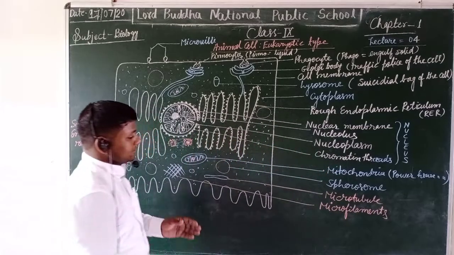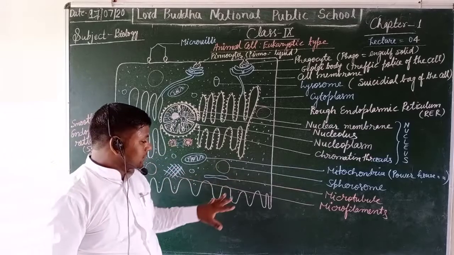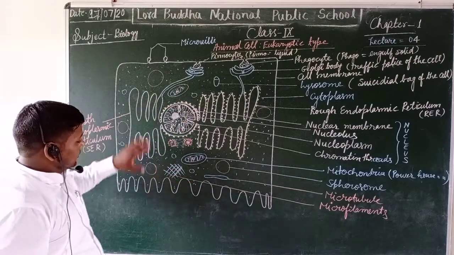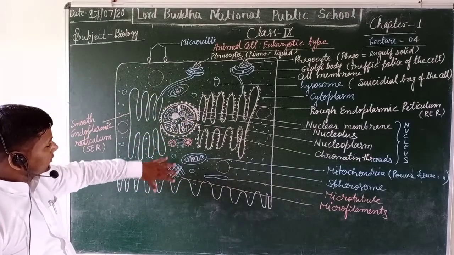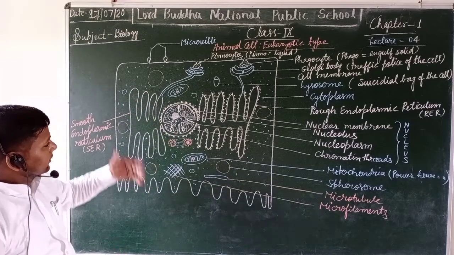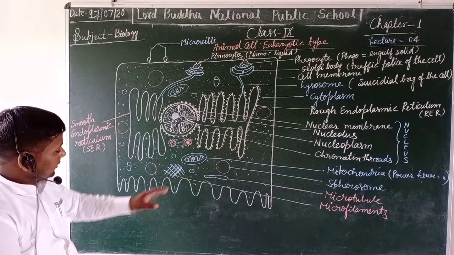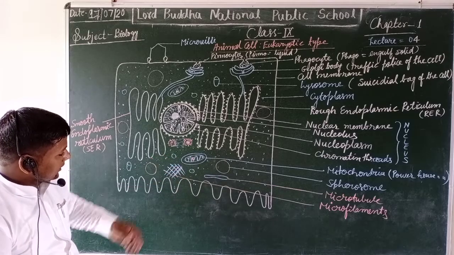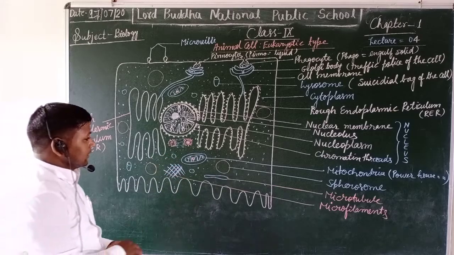Microfilaments are known as the cytoskeletal system of the cell. They spread through the whole cell. If I draw it in the whole cell, the diagram will be rough, so it is represented at a site with the help of a net-like structure.